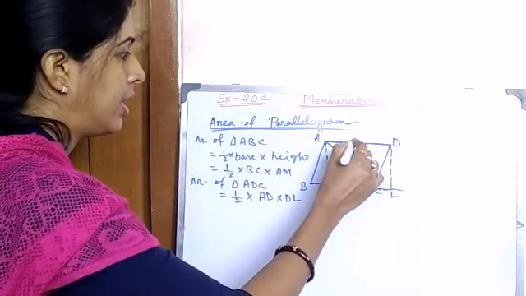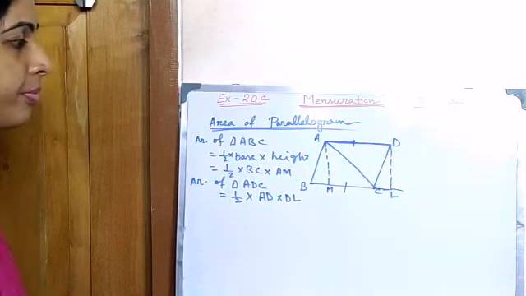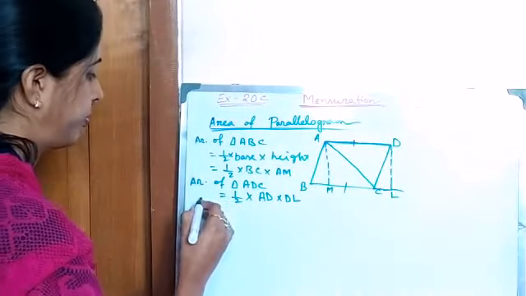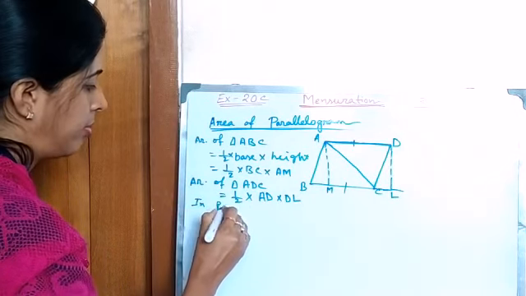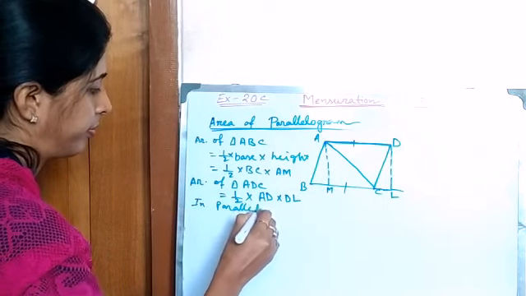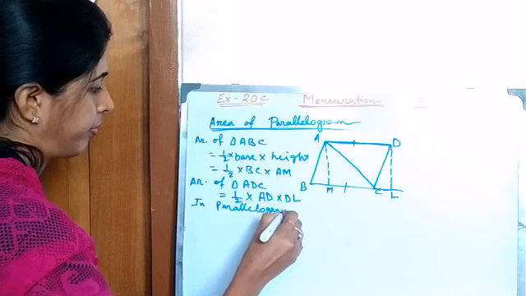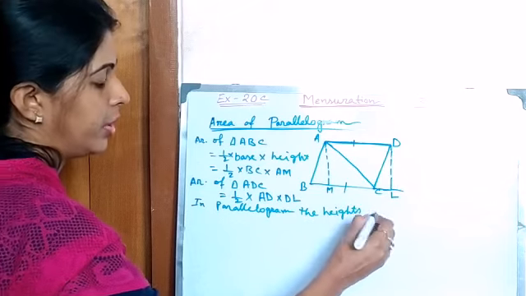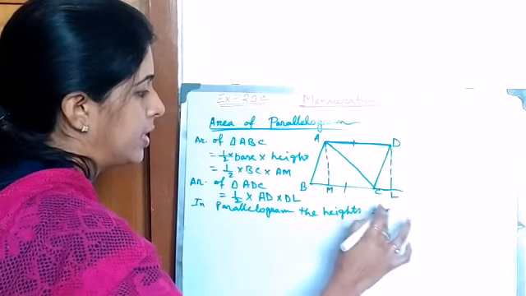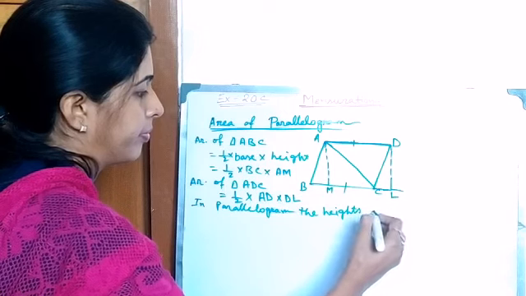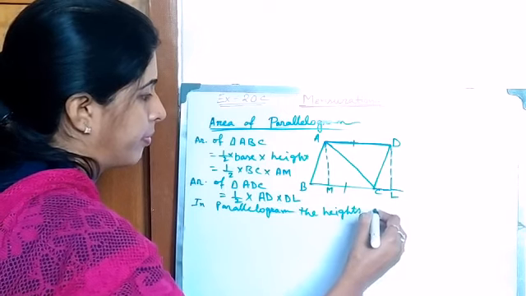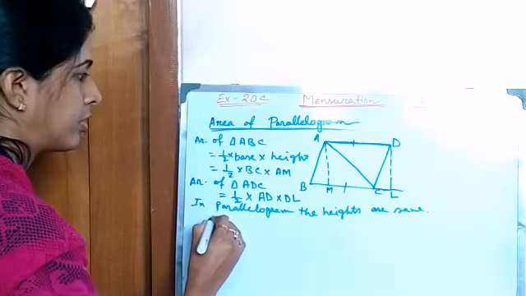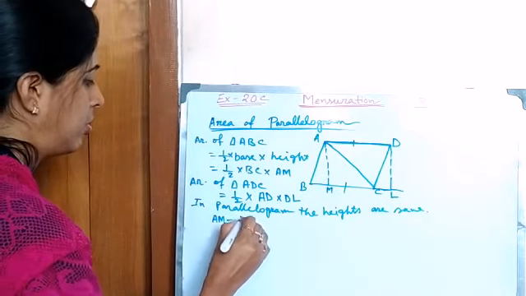So AD equals BC, the heights are the same, that means AM equals DL.